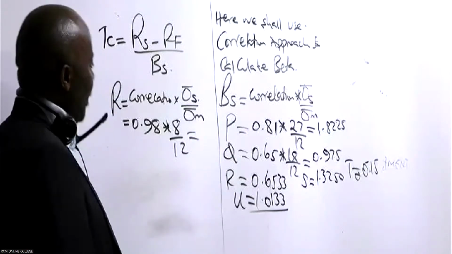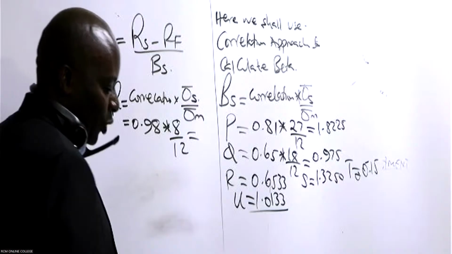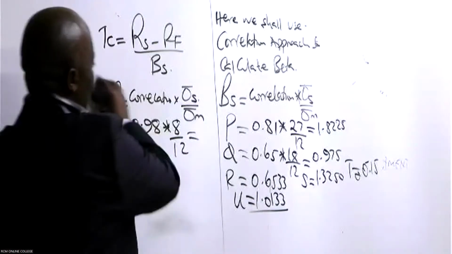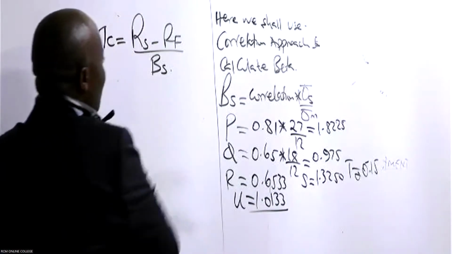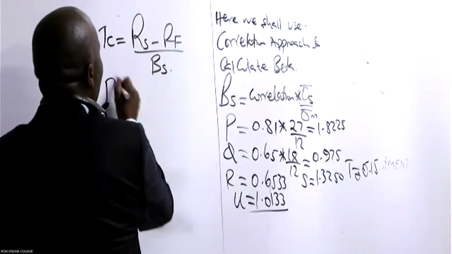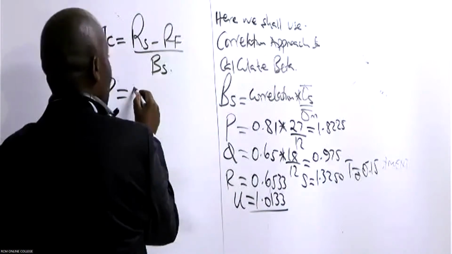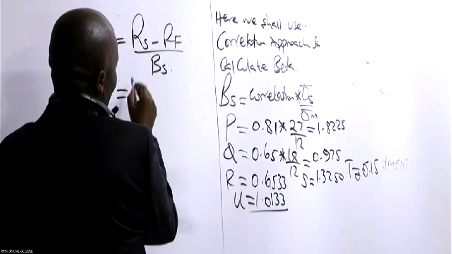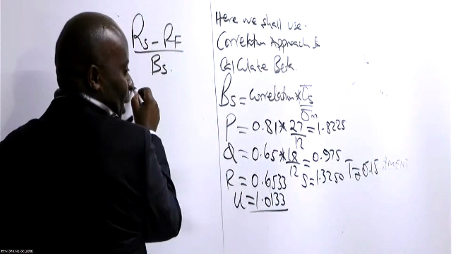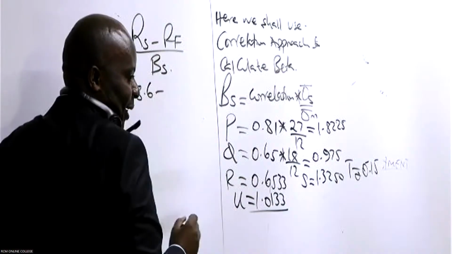Now we are getting the TCs, the Treynor's coefficients. So I would want you to give me for P, are you able to see the average returns of P? 28? 18.6. How about risk-free? 9.